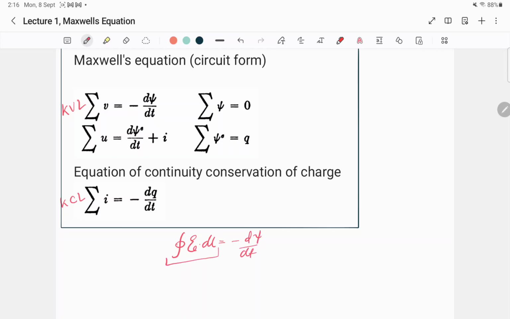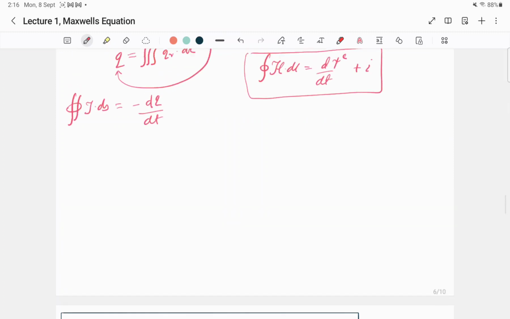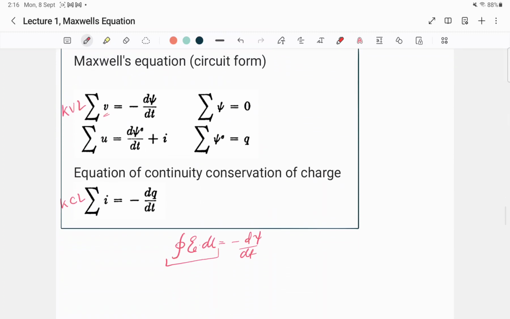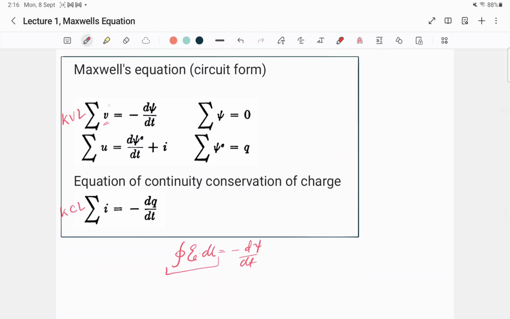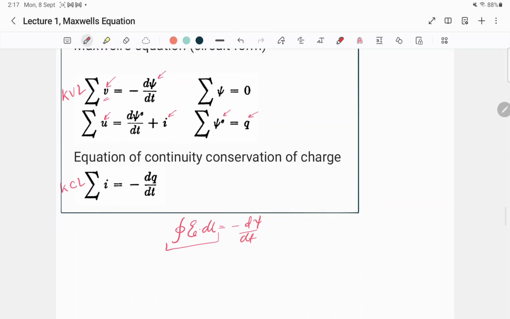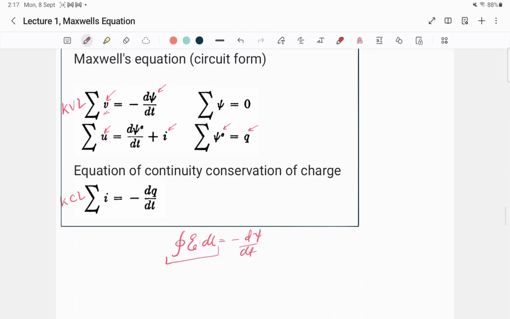So this closed line integration of electric field can be replaced with the summation of the voltage V. Okay, so that is how Maxwell's equation in circuit form is formed, where all these quantities V, psi, U, I, everything is in circuit form only. Alright, that's why the first equation can be written as summation of V, that is voltage, is equal to minus d by dt of psi.